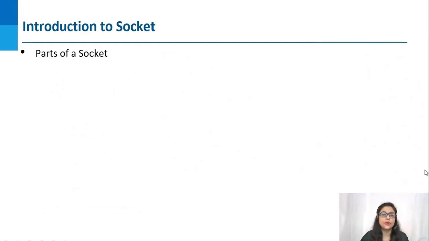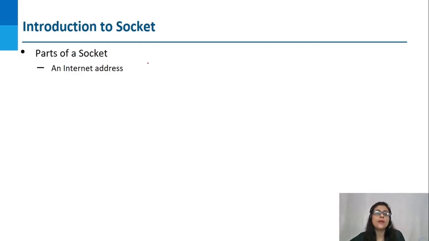What are the parts of a socket? A socket should have an internet address. To recall, in order for a packet to reach a destination, we must have an IP address. This IP address can be IPv4 or IPv6.